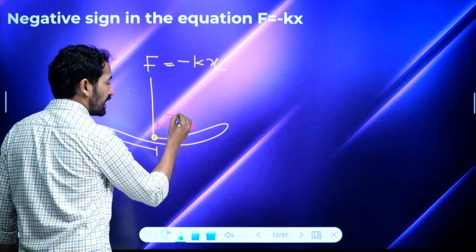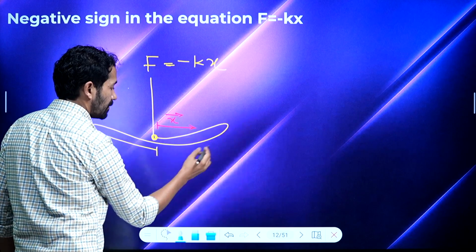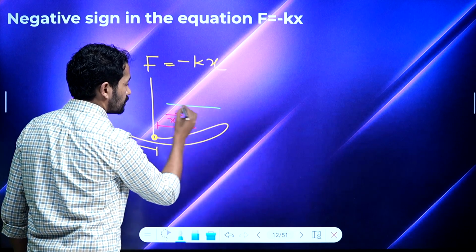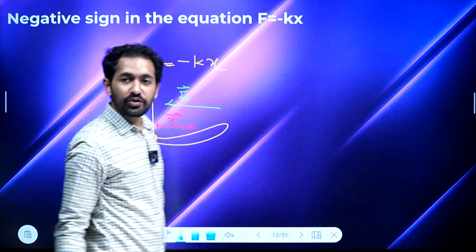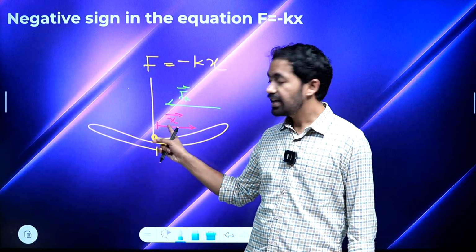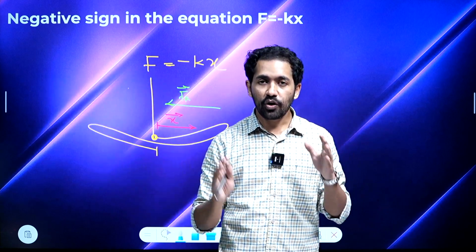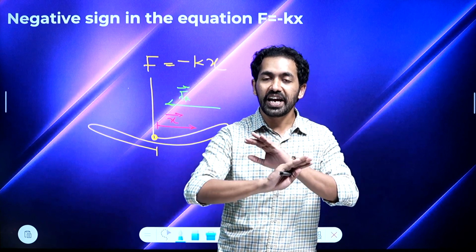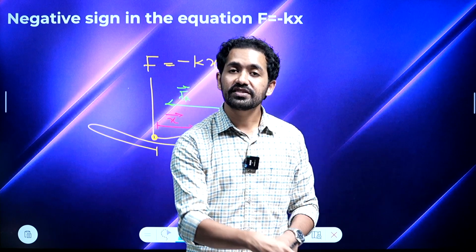And this is displacement vector, and this is restoring force vector. So here it is very clearly understood that displacement is always measured away from the mean position, but restoring force is acting towards the mean position.